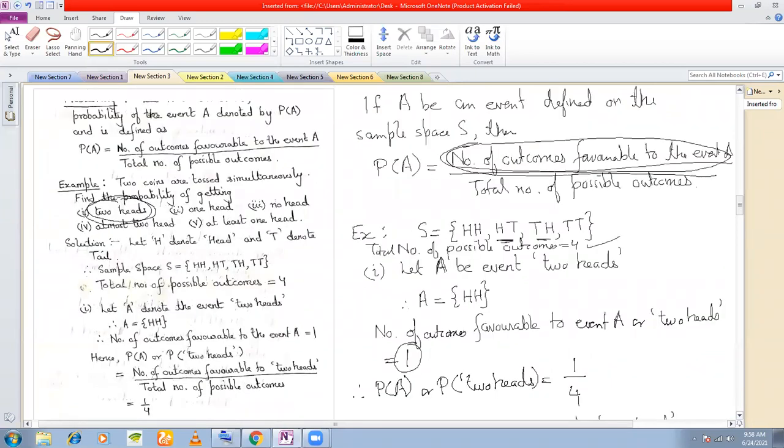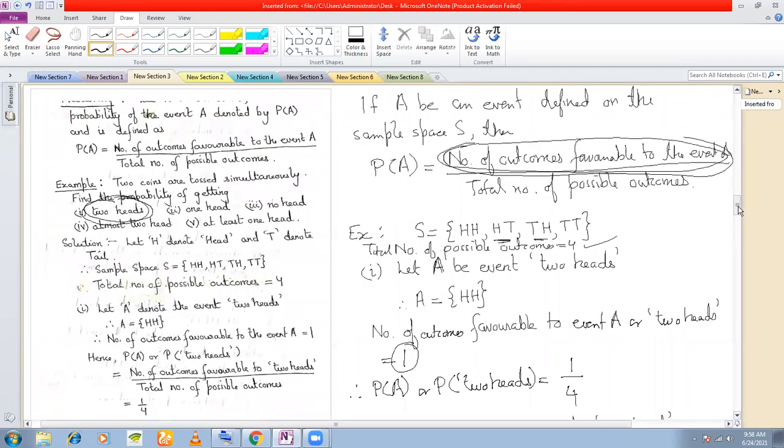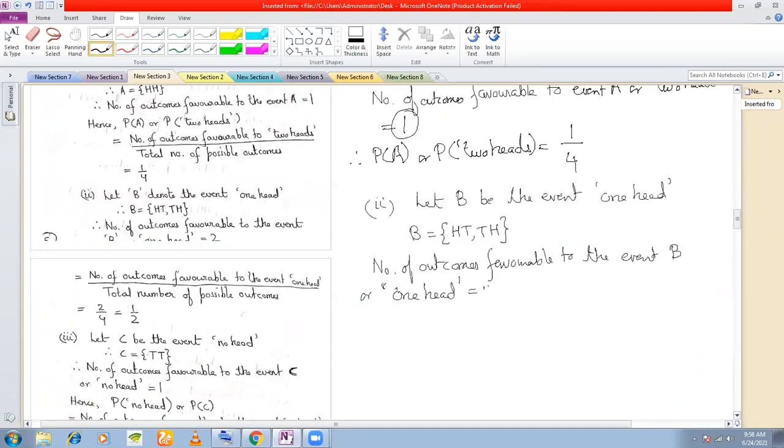The number of outcomes favorable to the event B. How many outcomes are favorable to the event B? 2, because I have two elements here. Hence, P(B), I will write P(one head), is equal to 2 by the total number of possible outcomes, which is 4, so it is half.